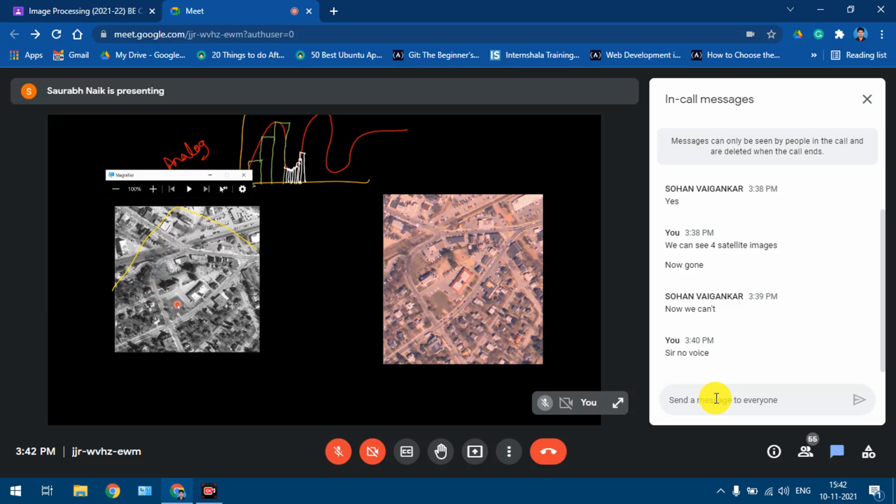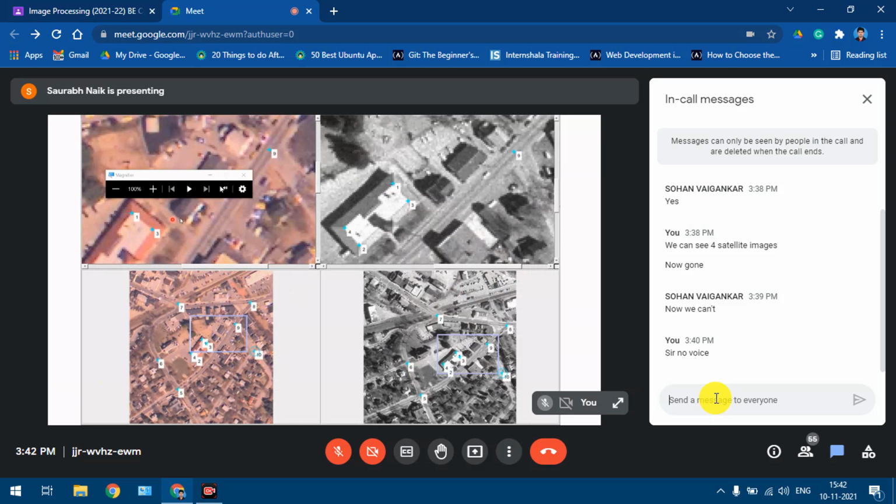So the four corners of this particular building, we can consider as 4 points. We consider these 4 points of this building, 1, 2, 3, 4, as our reference points in the old image as well as the new image. Along with that, we also consider additional points. Especially this particular road over here, the point at which the road splits into two.